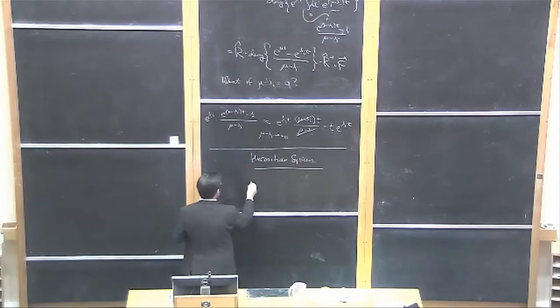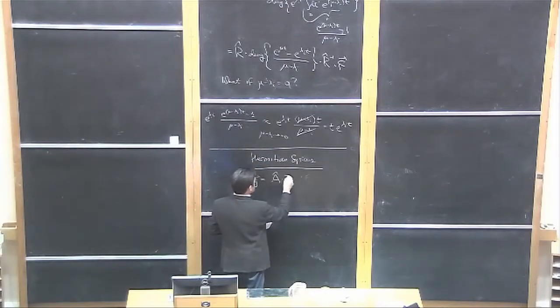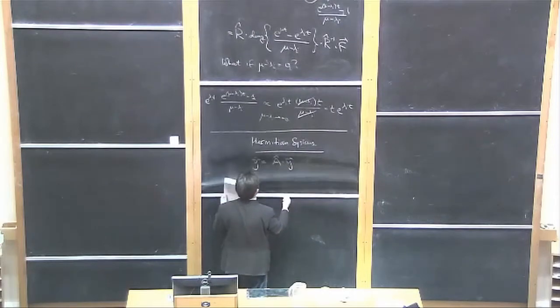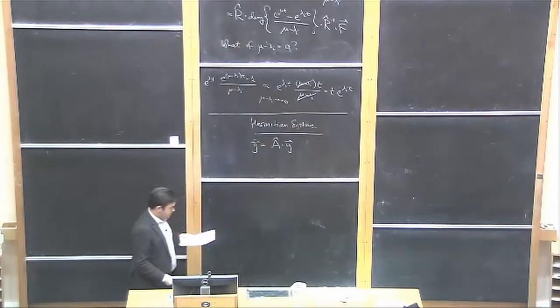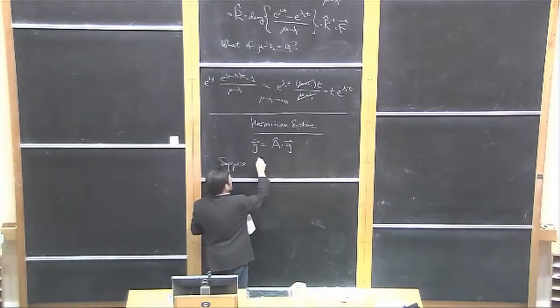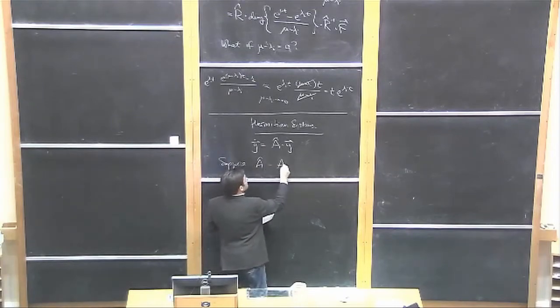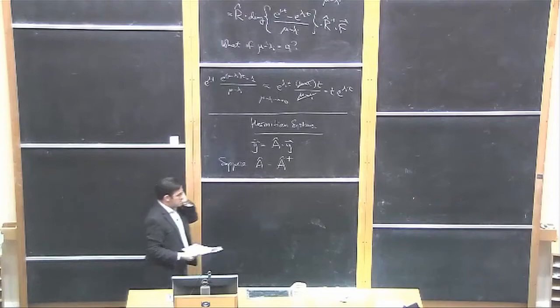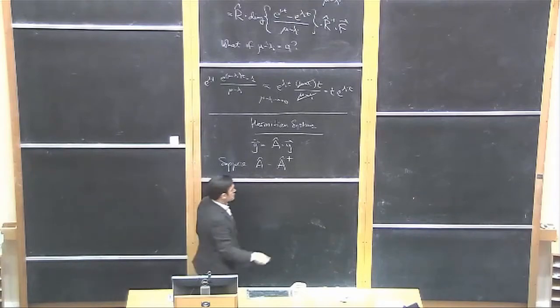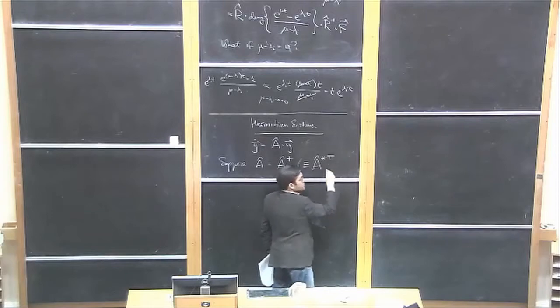Again, we consider the homogeneous equation, and we ask what happens if the matrix is a Hermitian matrix. So A is equal to A dagger. Let me remind you that A dagger means A star transposed.